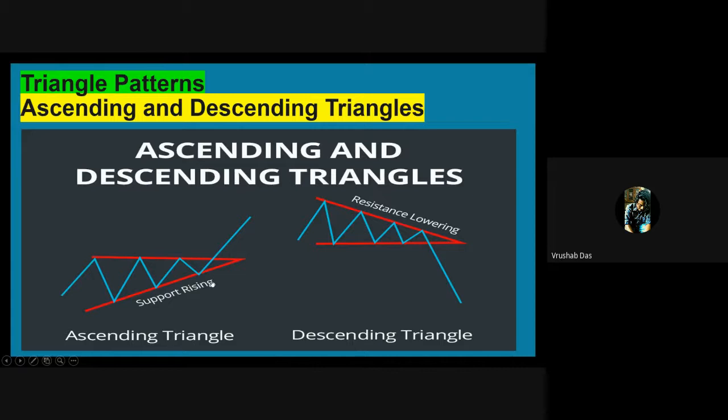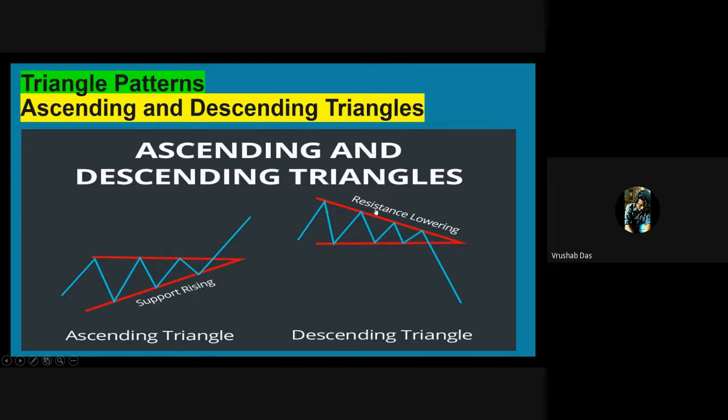If you are talking about the descending triangle, you will see the resistance lowering. Descending triangles have falling upper trend lines as a result of distribution and are always considered a bearish signal.